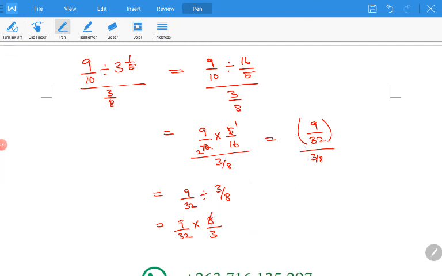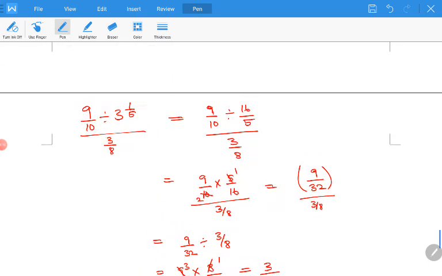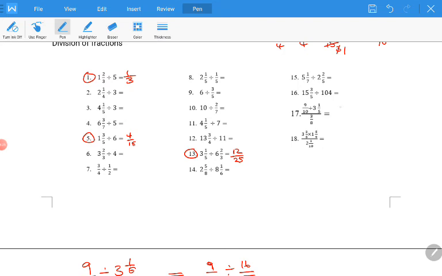So 8 into 8, 1. 8 into 32, that's 4. 3 into 3, 1. 3 into 9, that's 3. So this is equals to 3/4. So the answer here is 3/4. So don't get scared if you see bigger expressions as these ones. Using the basic principles, they are very, very easy to solve.